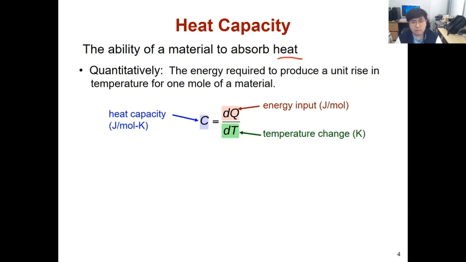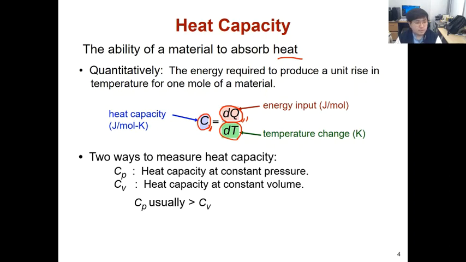Quantitatively, it is the energy required to produce a unit rise in temperature for 1 mole of the material. That means we want the change of energy per mole or per gram, depending on your preference, and how much the temperature must change. This is the definition of heat capacity.